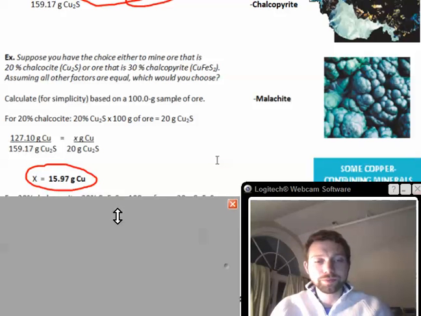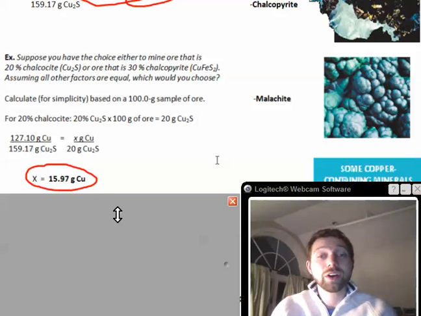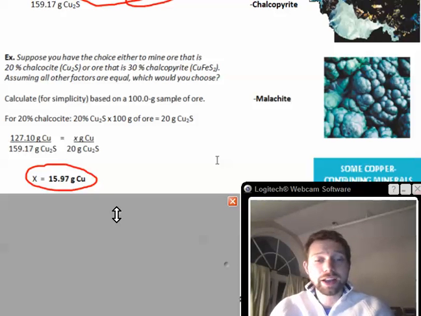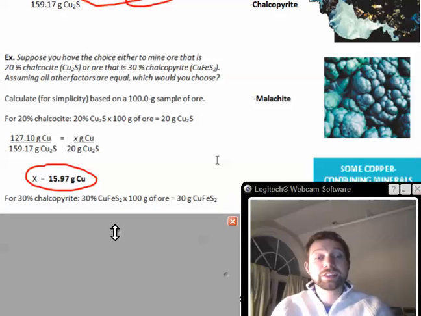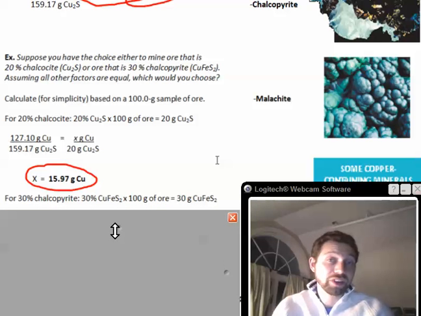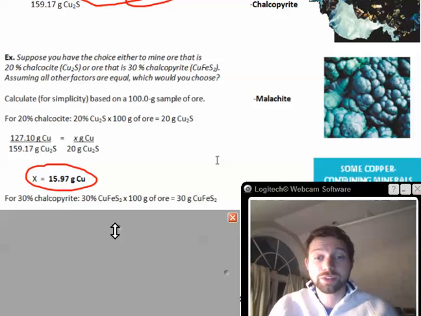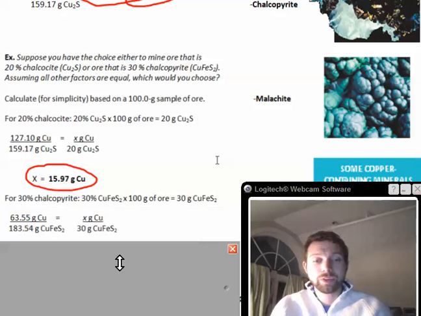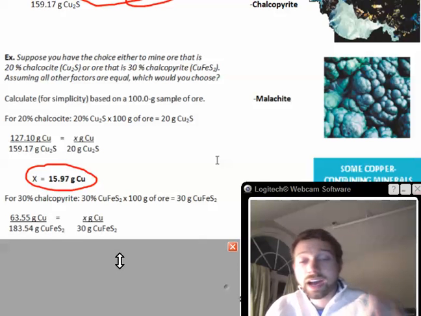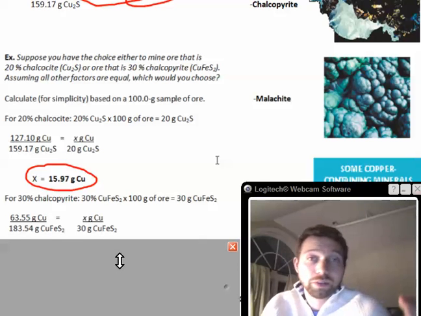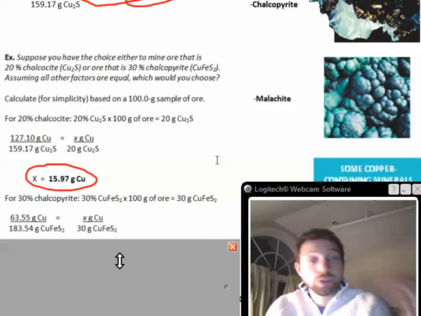So once we've figured that out, we have to figure out now chalcopyrite. Chalcopyrite is 30%, so we have 30% of our rock is chalcopyrite. So that means out of 100 grams, that'd be 30 grams of chalcopyrite. Okay, so copper in chalcopyrite's formula, there's only one of them.